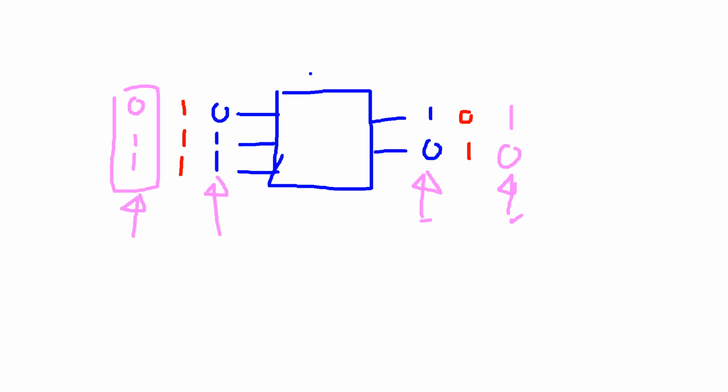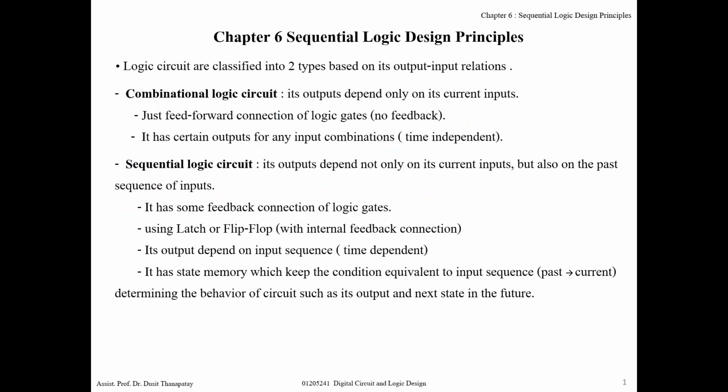By the way, what about a sequential logic circuit? Its output depends not only on its current input but also on the past sequence of input. For example, if you apply input 0, 1, 1, the output may be 1, 0. When you apply 1, 1, 1, the output may be 0, 1.